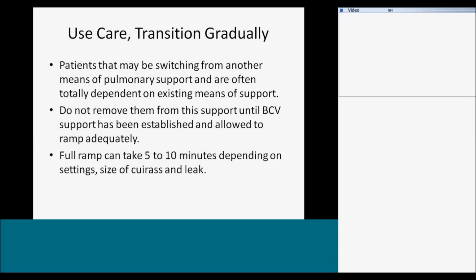On larger Curos's with higher settings, it can take 7 or 8 minutes, sometimes even 10 if there's a big leak, for them to reach those full ramp settings. So allow that time to occur before you begin backing down or removing the other means of support.